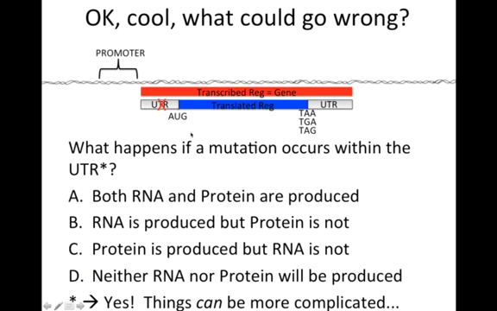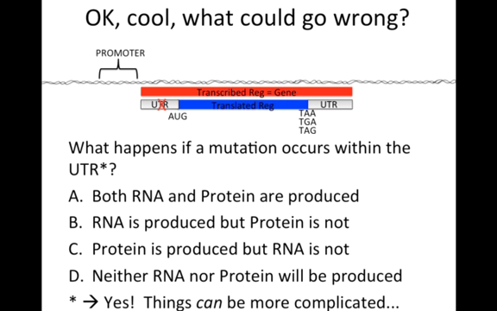Okay, finally, what if we get a mutation within the UTR? What do we expect then? I'll give you a second. Pause it if you like. Okay, so under these circumstances, the first question is, are we going to have transcription? And for that we ask, do we have an intact promoter? We do have an intact promoter. The UTR is not part of the promoter.